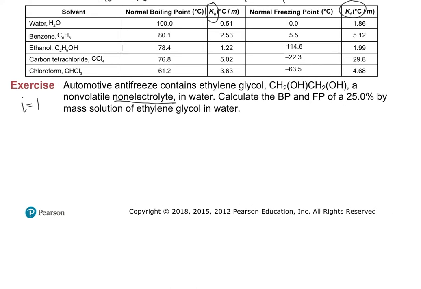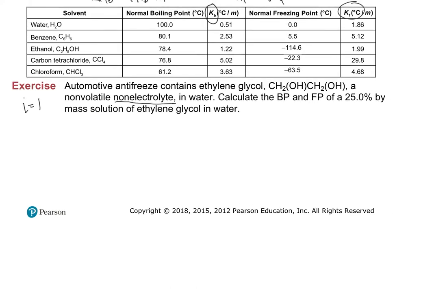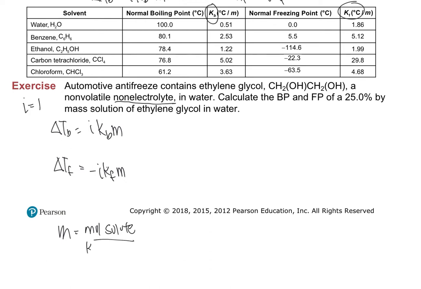So, delta TB and delta TF, I'm going to write the equations. So i KB times molality and negative i KF times molality. So we need to find molality. Molality is moles of solute over kilograms of solvent.